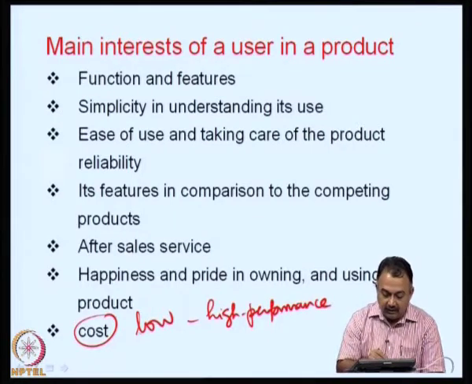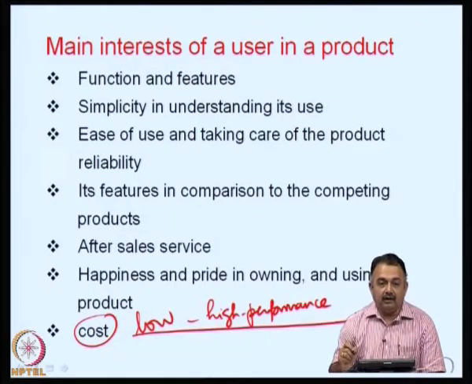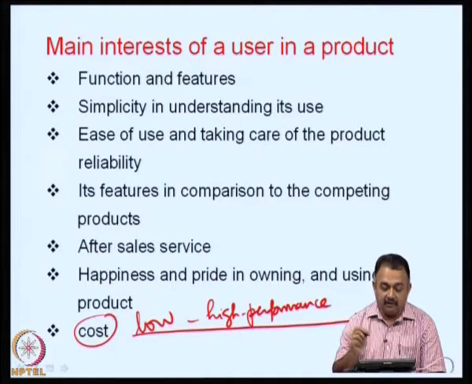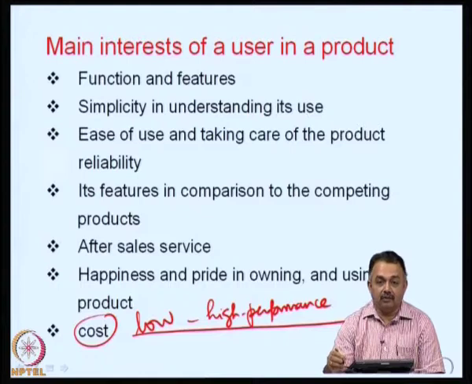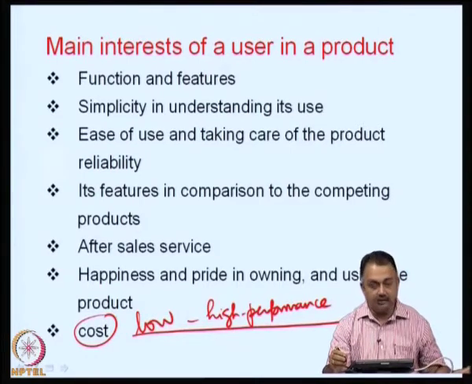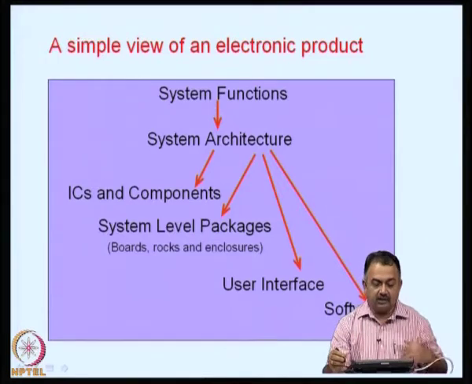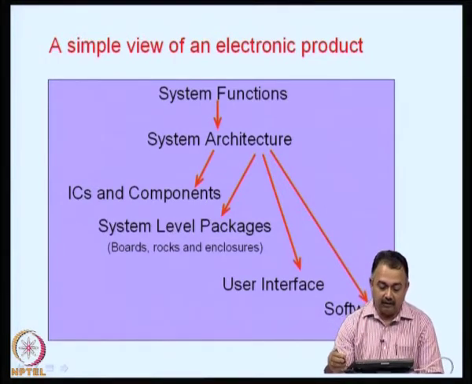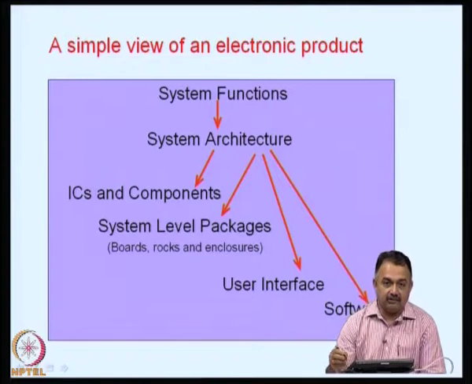So, in a nutshell, I would like to say that in packaging, please remember this has to be a very important and a key word in the industry houses: low cost product, high performance, except as I said in some special cases. So, a simple view of an electronic product: there will be system functions built.